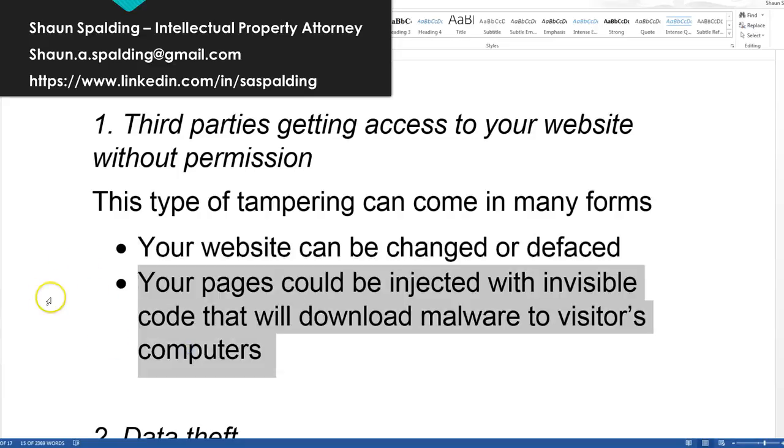One thing that is really prevalent is that web pages could be infected with malware. And so this was a really big problem about 10 years ago, where lots of pages that were compromised would have code injected into them, and then that code would illicitly download a piece of code onto someone's computer, and then that computer would essentially be hijacked by a bad actor.